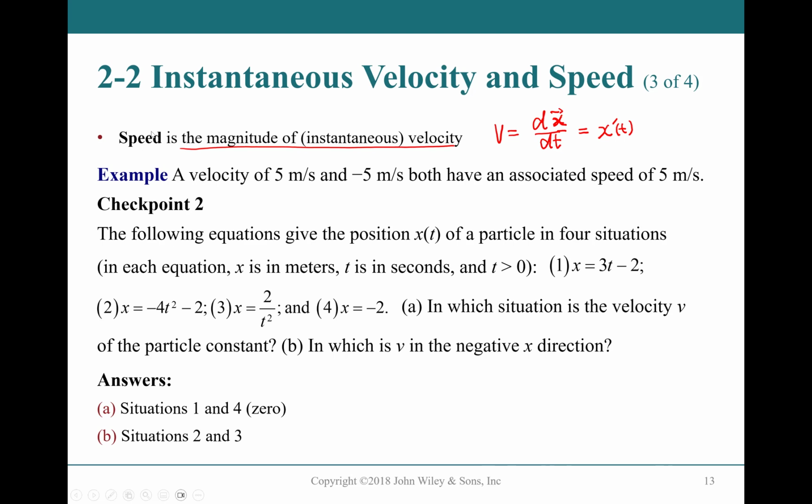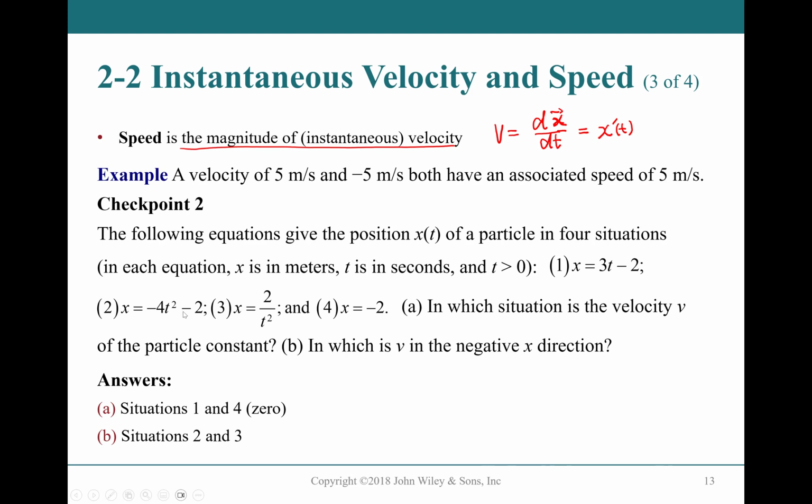This is the explanation: a velocity of 5 meters per second and negative 5 meters per second both have an associated speed of 5. So for speed, it's just losing the negative sign because speed cannot be negative.